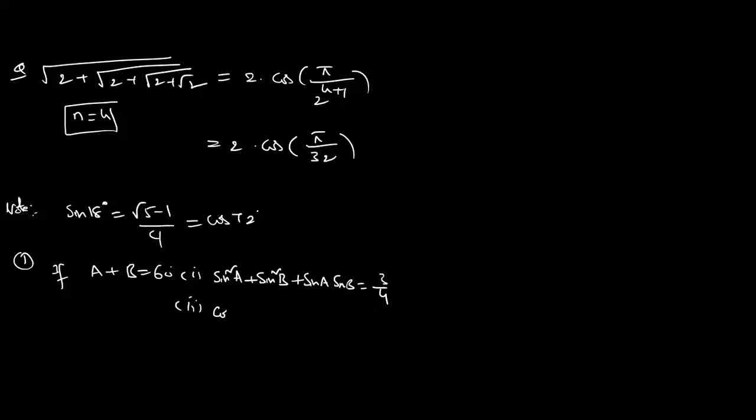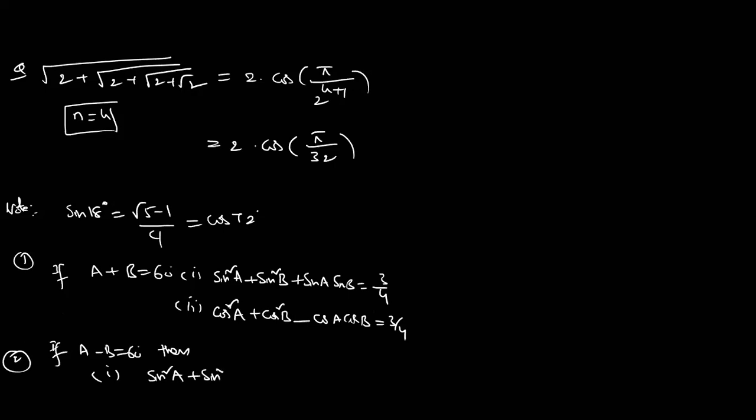That means cos square a plus cos square b minus cos a cos b. 2: if a minus b is equal to 60 degrees, then sine square a plus sine square b minus sine a sine b.